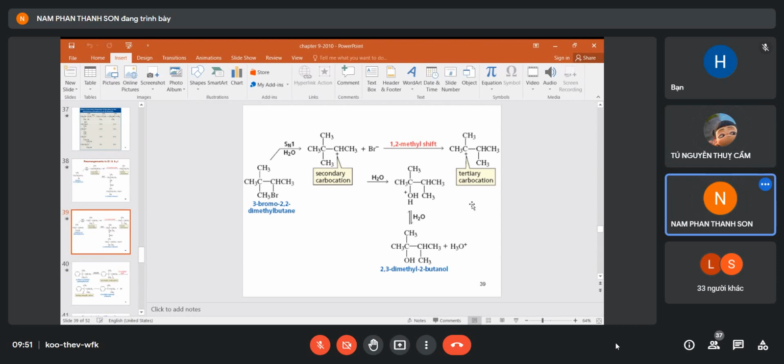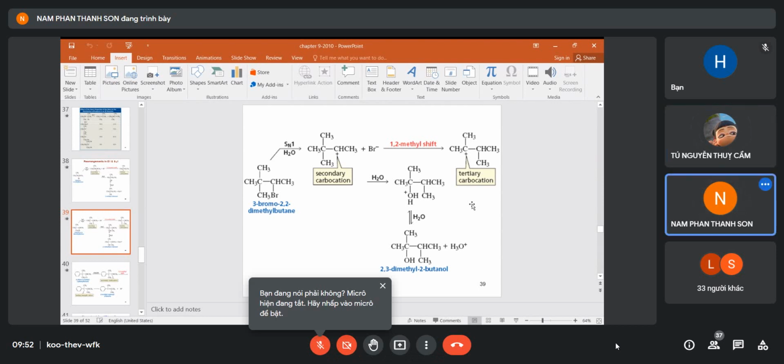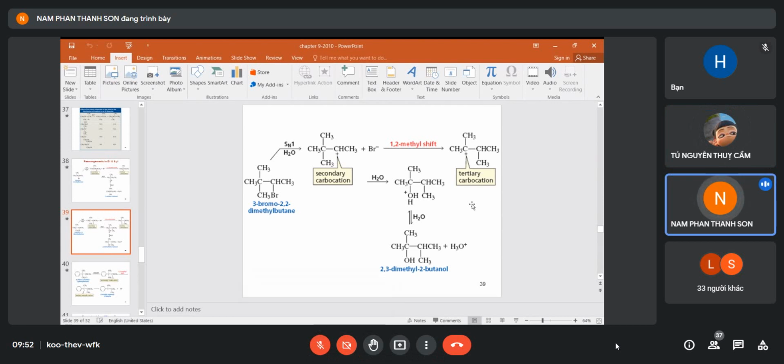How many hydrogens do we have? Count the hydrogens on the carbon next to the positive carbon.